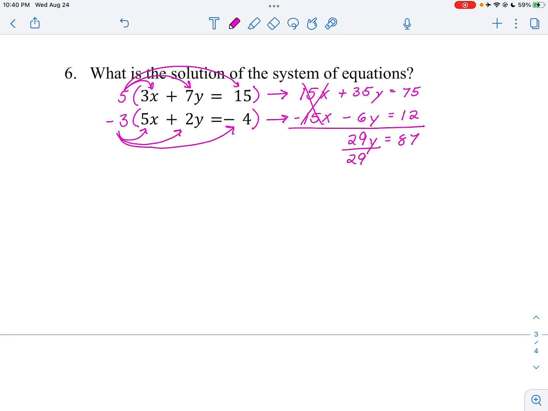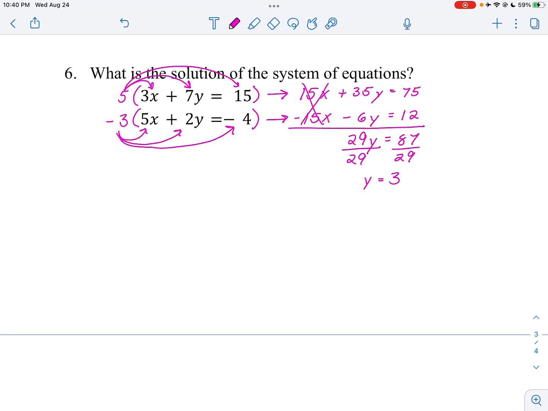Then to solve, I need to divide by 29. So if I grab my calculator and I do 87 divided by 29, what do you know? That comes out to a nice, neat, even 3.